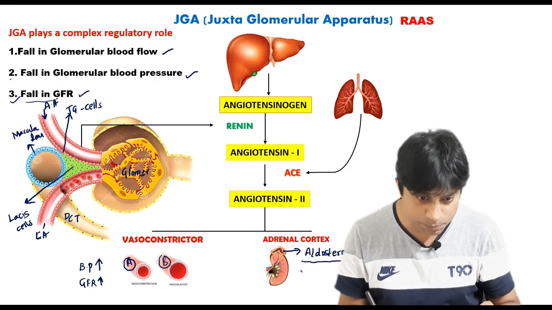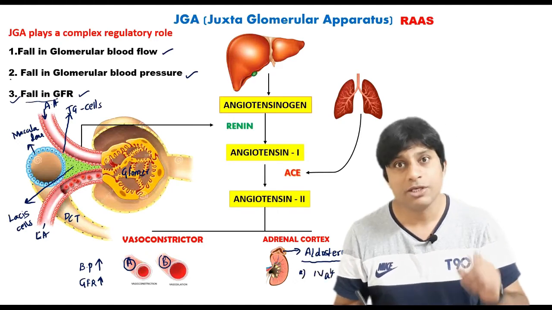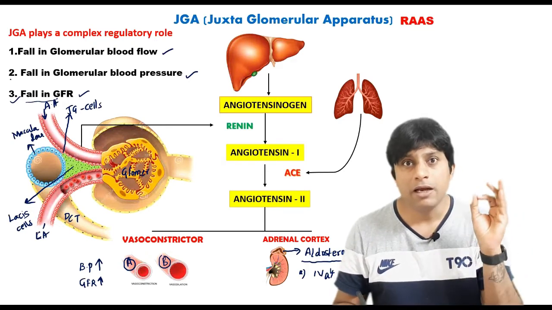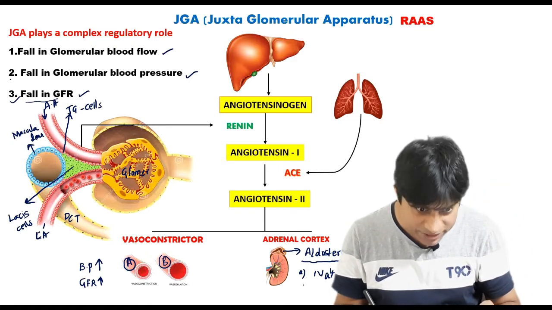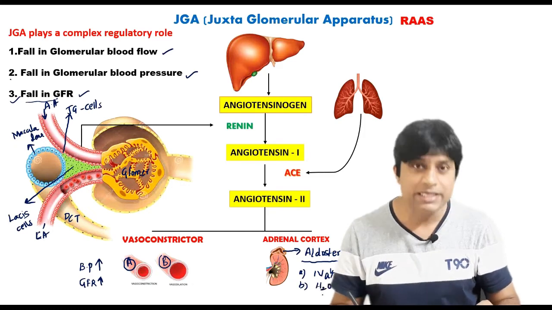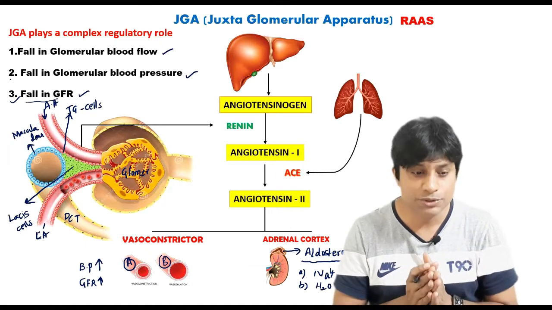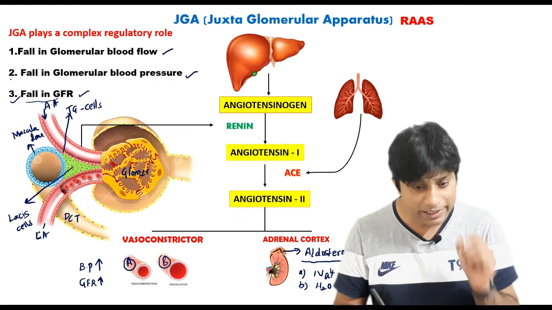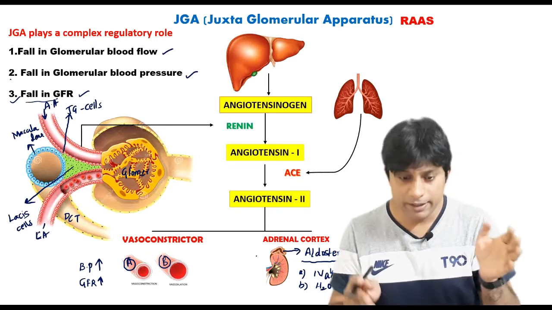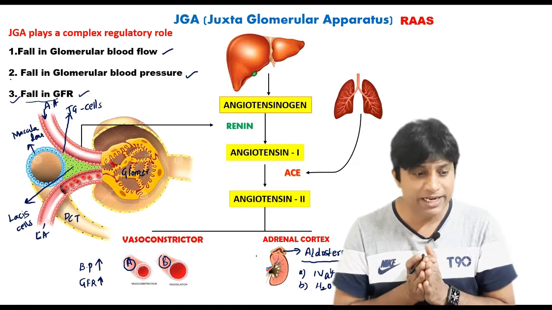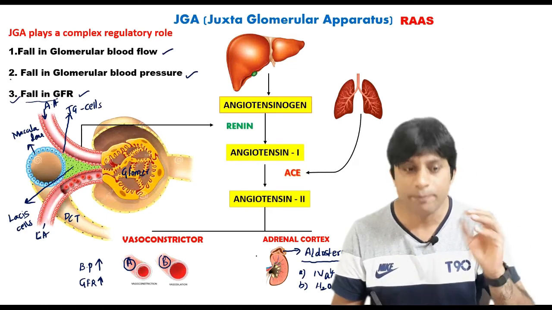Aldosterone is responsible for reabsorption of sodium salts from the distal convoluted tubule as well as from the collecting tubules, and it also facilitates the reabsorption of water from the DCT and collecting tubules. As a result, overall the body fluid volume increases, electrolyte concentration also increases, and glomerular filtration rate increases by increasing the blood pressure.